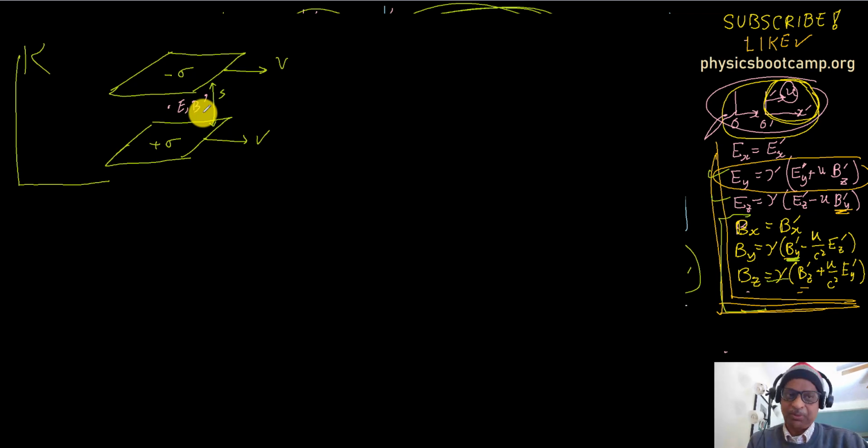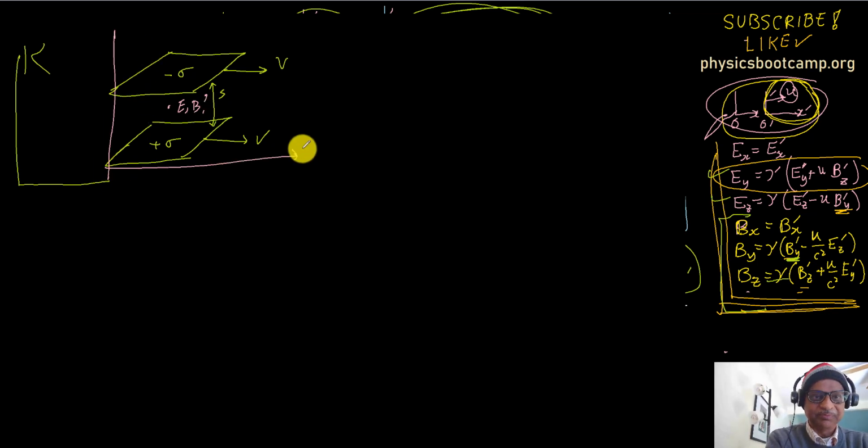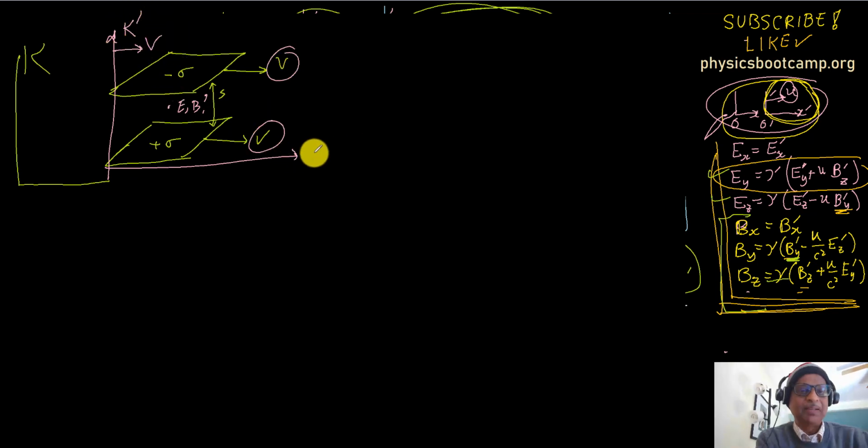Well, this is a really tough problem till you realize that I can go to a K prime frame, which is going with this speed along the x-axis, and I am actually going to have the old problem. This will be minus sigma prime, and this is plus sigma prime, the new densities, right?